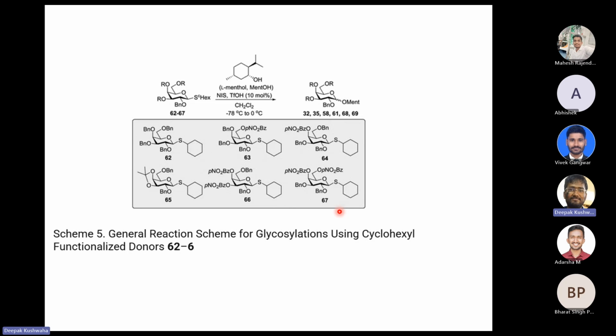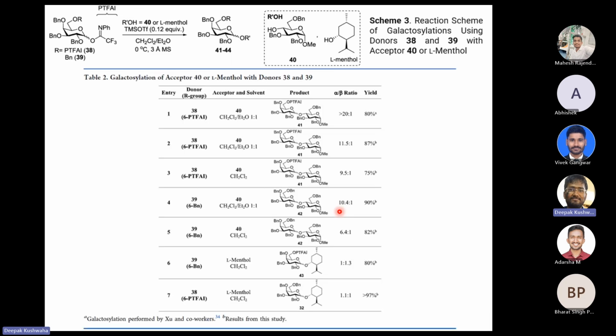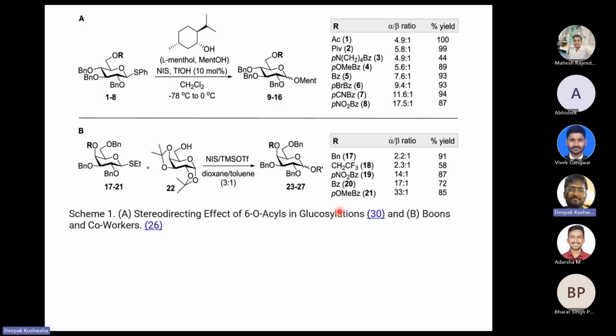I also haven't read this Boons paper. I don't know what it says, because in Boons' case the donor itself is different, so there is also that possibility. And the solvent system, I think, plays a major role.